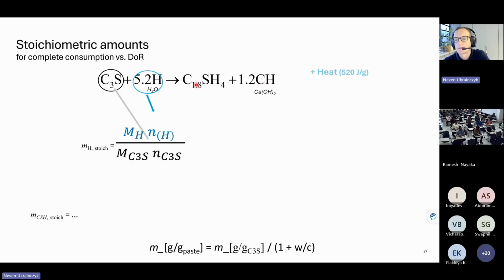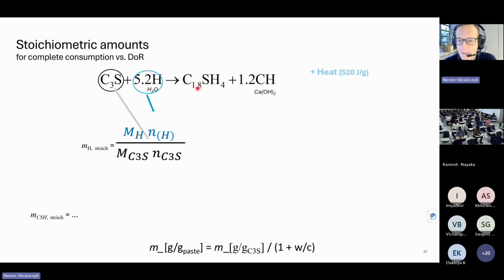But here, this calcium silica gel is amorphous, and it also has variable calcium silica ratios. So depending on the hydration time, temperature, or the time when you react, you will form different calcium silica ratios. So this is always a variable composition of calcium silica hydrates.